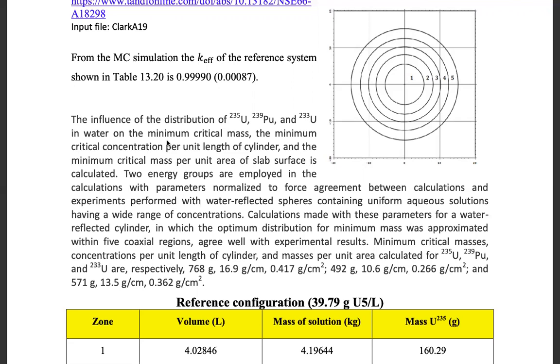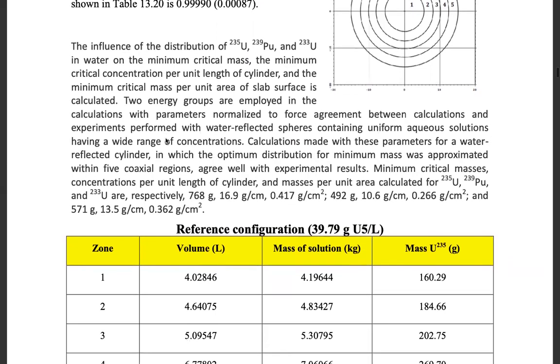This is also reflected with water, and it's just a homogeneous solution of U235 in water, the case that I'm considering with you. Clark has done plutonium-239 and uranium-233 and has covered more in the paper. But my interest specifically is on the criticality in this experiment and how you can study non-uniform distribution so that you can see how low you can go in terms of mass to achieve critical mass.